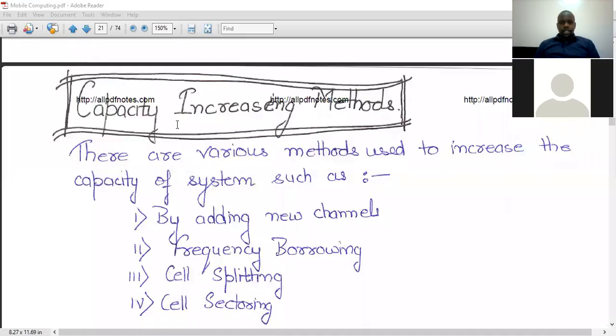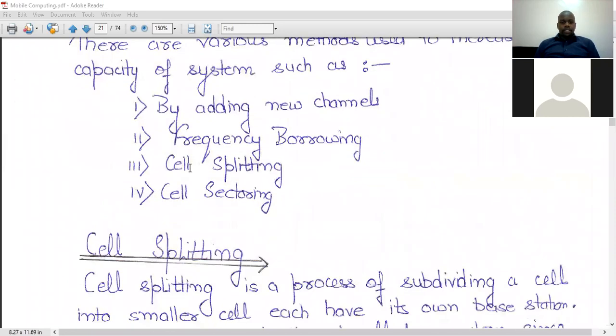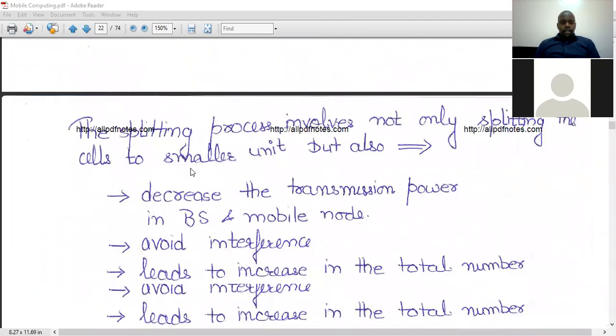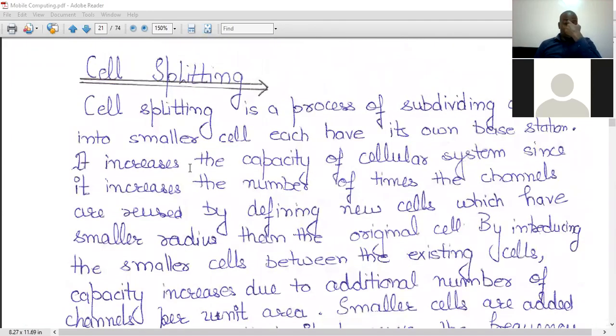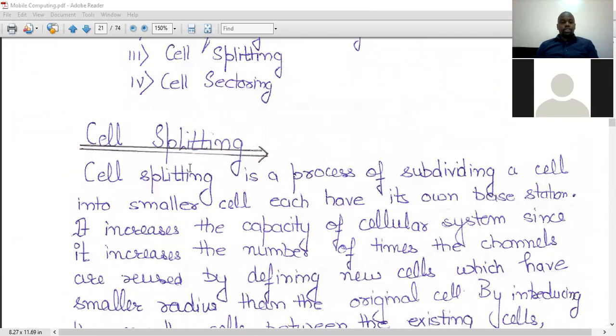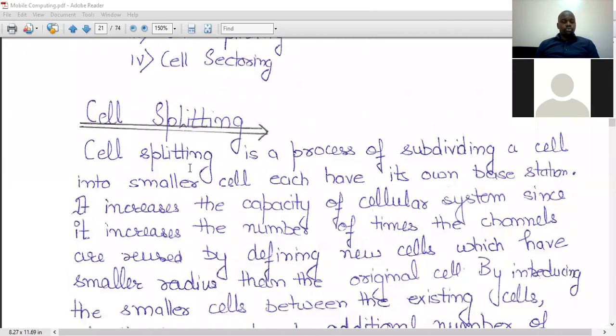Okay, so as I was saying, this is the work that I had given you for the last class, where I had told you to read about the capacity increasing methods. I hope that you're able to see the screen that I've just shared there. Because it was work that you were supposed to research on your own, I will just go through one by one.